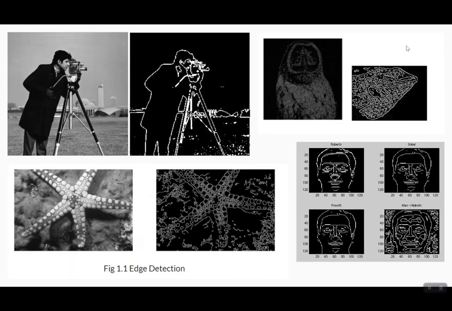So here's the visual, practical examples of what we just mentioned. As you can see here, here's an actual image, and this is a segment edge detected image. So an original image, edge detection, original image, edge detection, and these are the edge detection of an image of an owl, a fish, human faces.